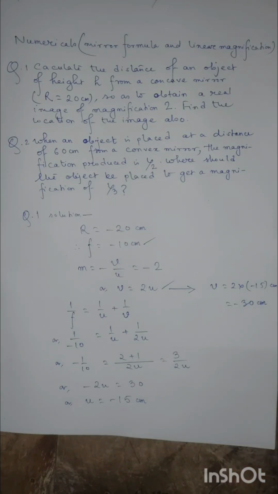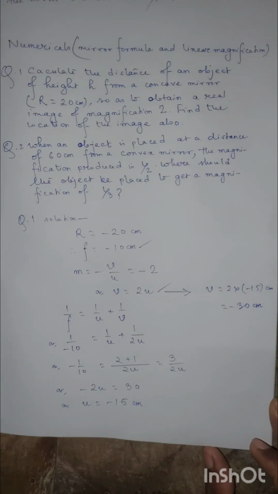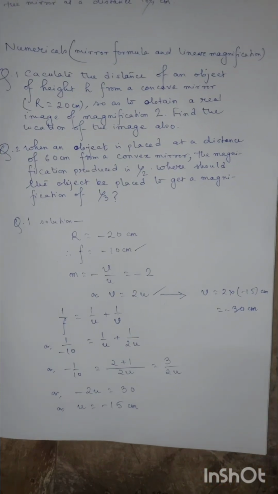So the image distance from the pole is minus 30 centimeter. So this is the solution, friends. I hope you have understood it. Now friends, let us proceed to the next question.